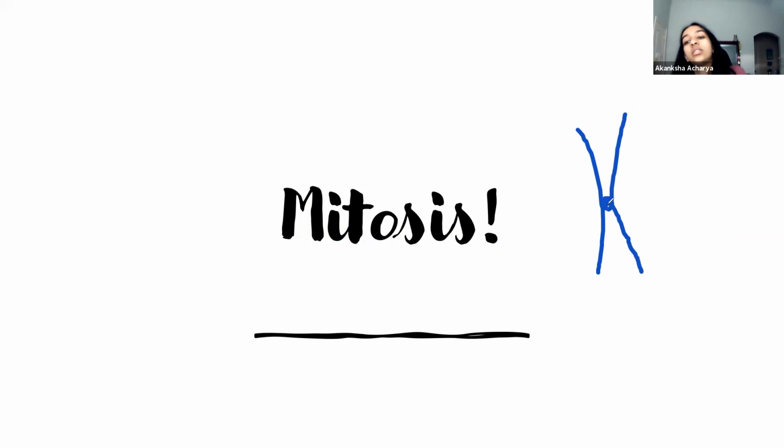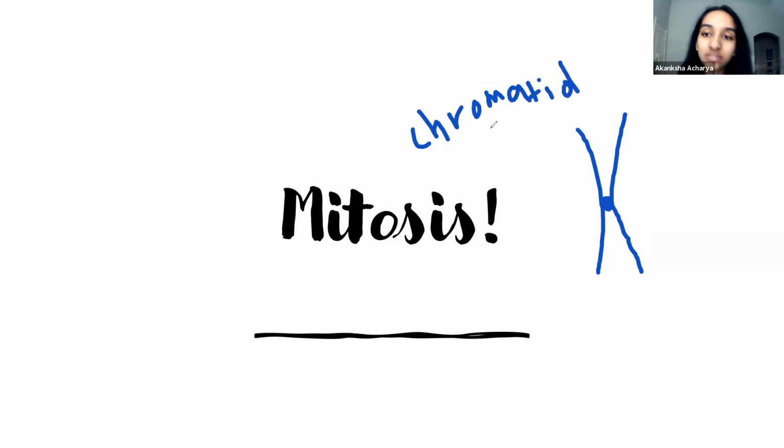And you may have noticed you have these two lines that I connected together with, you could pretend it's a protein, right? But each of these lines is a chromatid. So you have two chromatids that combine together to make a chromosome.